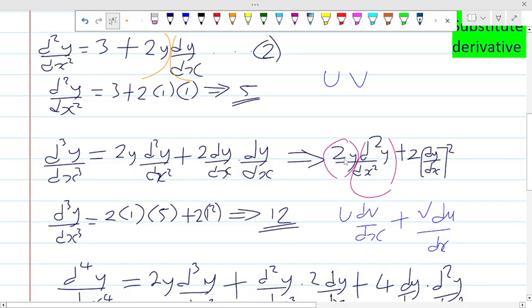What is y? We recall that y is 1. Then d squared y over dx squared, this is the answer here, 5, plus dy/dx is 1, raised to the power of 2. So when you simplify that, you have this.